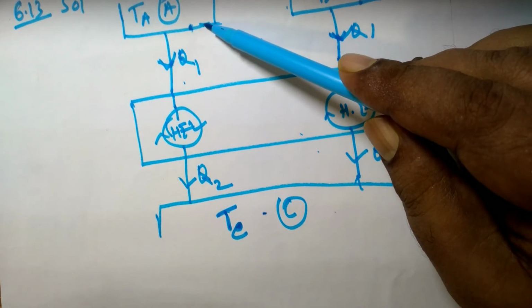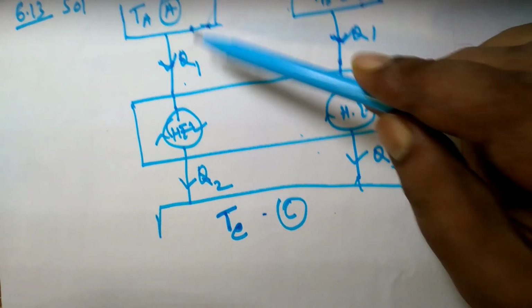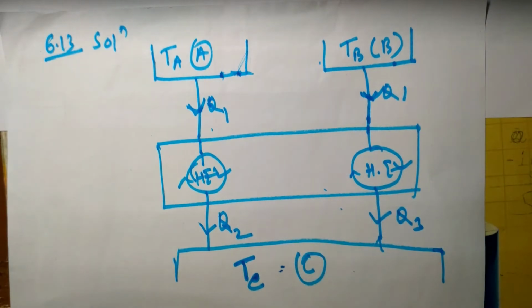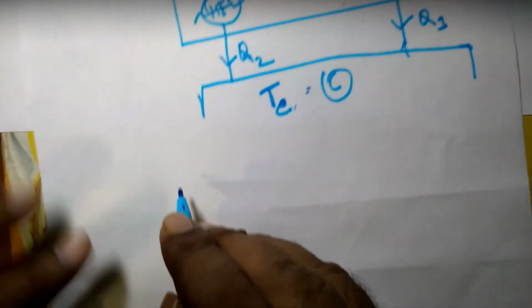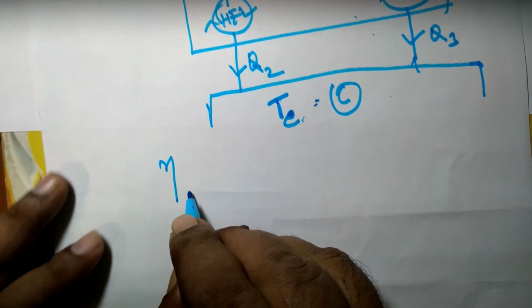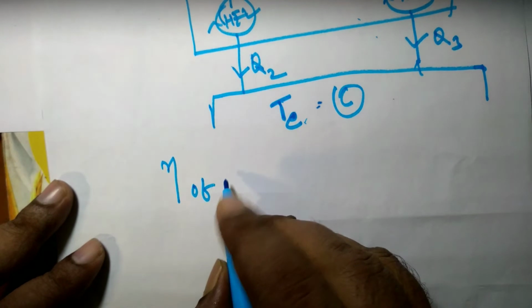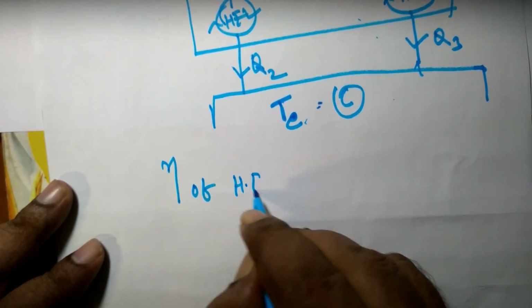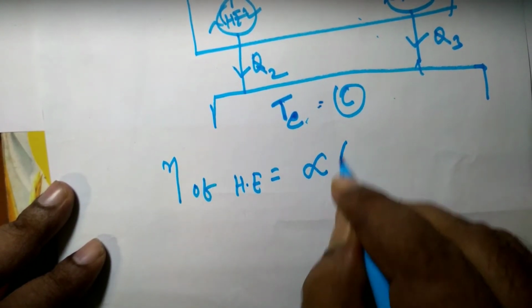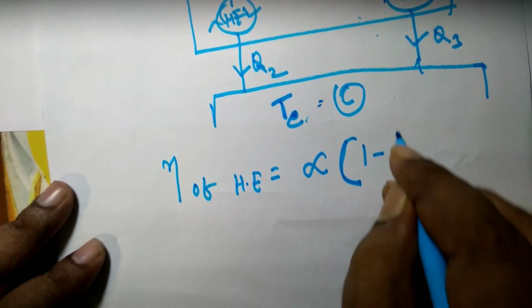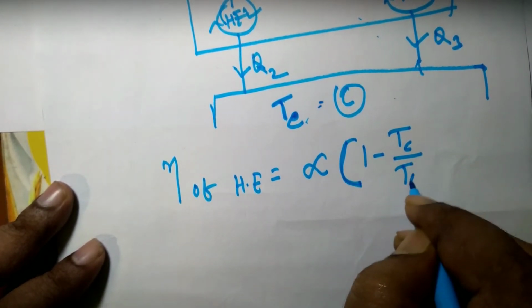If a reversible heat engine operates between temperatures TA and TC only, then its efficiency will be 1 minus TC divided by TA. We know that. And if the efficiency of this reversible heat engine is 1 minus TC upon TA, then I can write down the efficiency of this particular given heat engine as alpha multiplied by 1 minus TC upon TA.